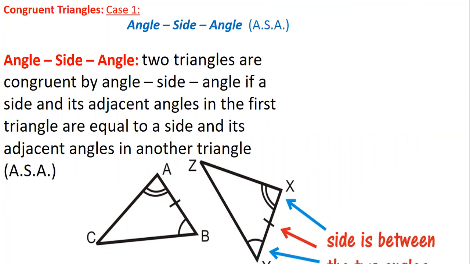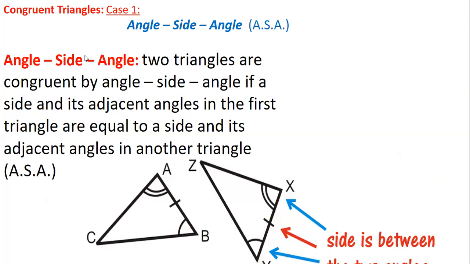But in our lesson today, we will be only studying case number 1, congruent triangles case number 1, which is angle, side, angle. We will be proving congruent triangles by angle, side, angle, which we abbreviate by ASA.